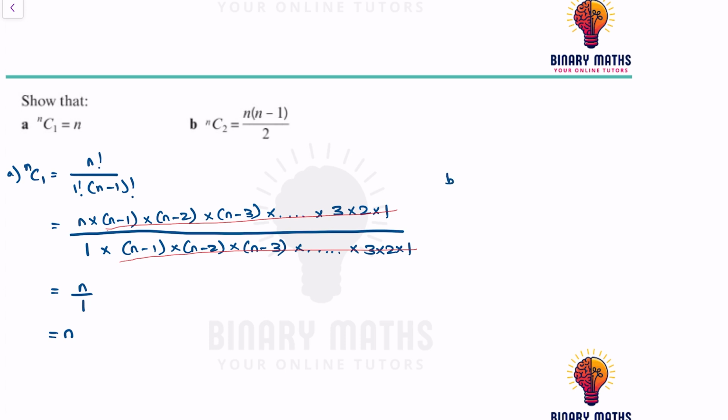If I do B in a similar way, show that n choose 2 is equal to n times n minus 1 over 2. So n choose 2 is the same thing as n factorial over 2 factorial n minus 2 factorial using the formula.